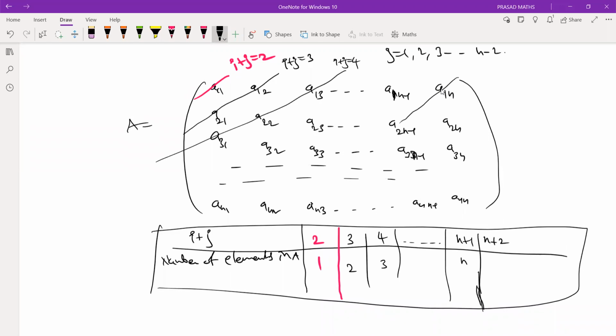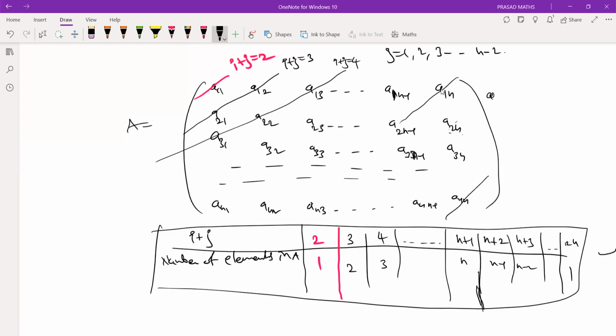Going downward, only one element is missing, so from here to here there are only n minus 1 elements. Next, n plus 3: n minus 2. Going on, total 2n, and the last has only 1.